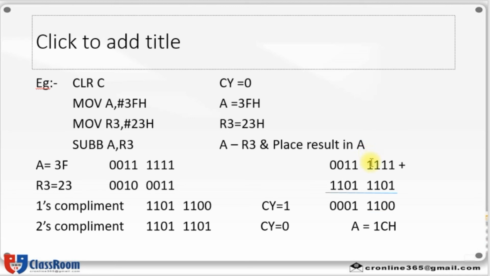Again 1 plus 1 is 1 0, 1 0 plus 1 is 1 1, again 1 is carried over. Continuing this way, a carry is generated, and that carry is taken as 1. You can see that 0 0 0 1 1 1 0 0 is your result.